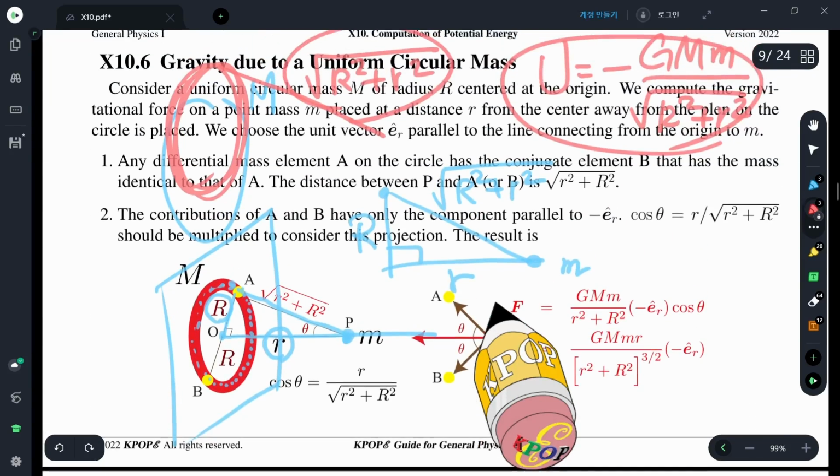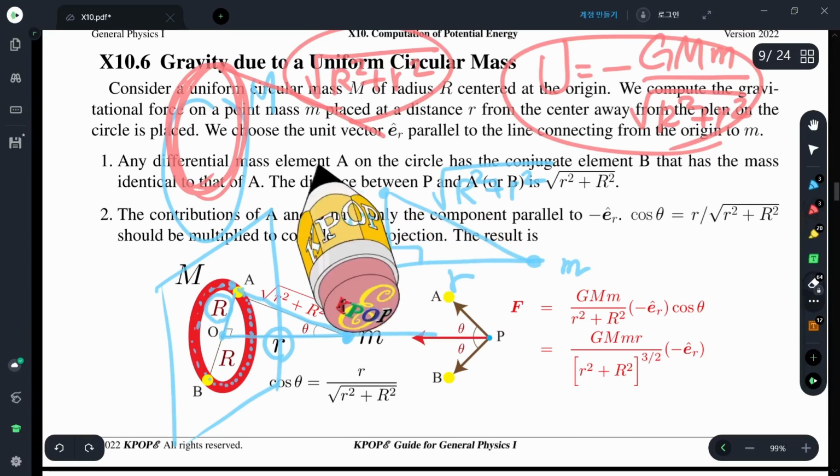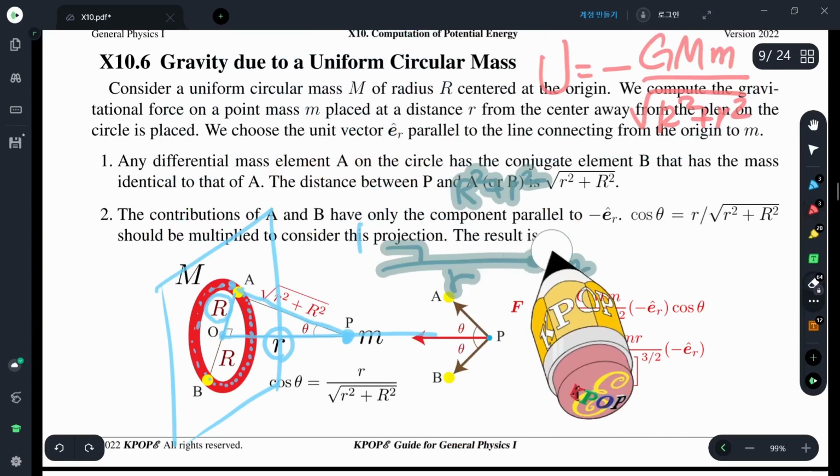However, we can make a cross-check with a different method. How?